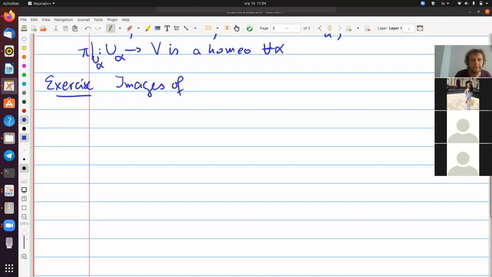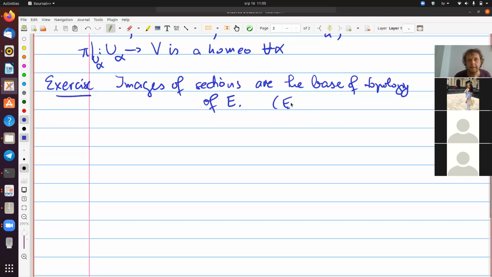I didn't say what the sections are. Images of sections are the basis of topology. It's called base or basis. They are the base of topology of E, where π from E to X is a local homeomorphism.